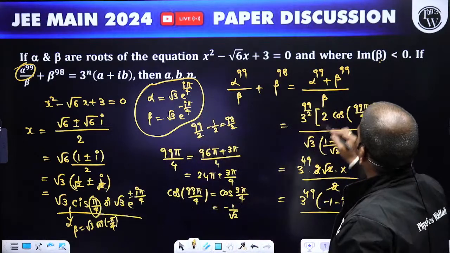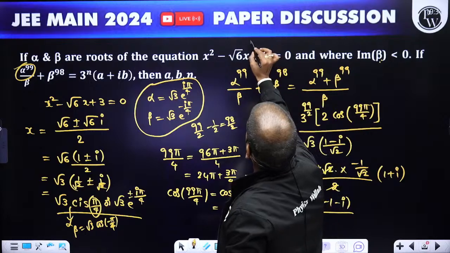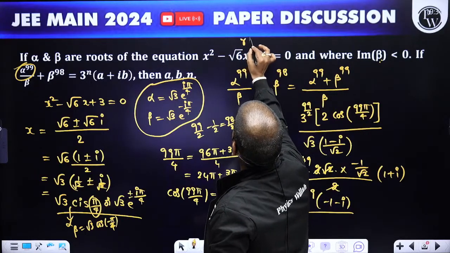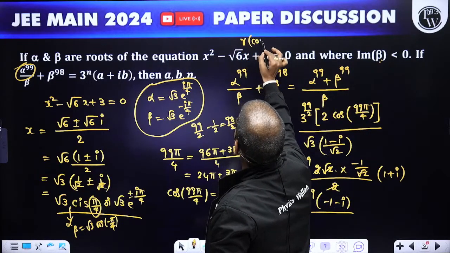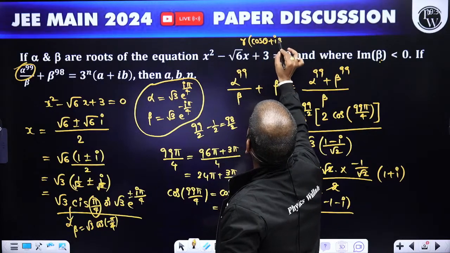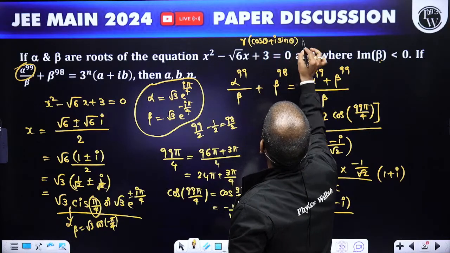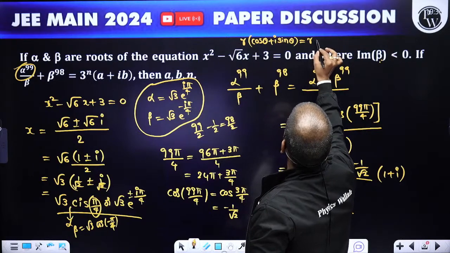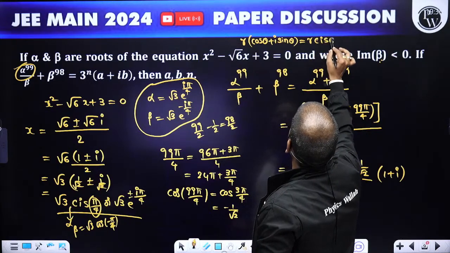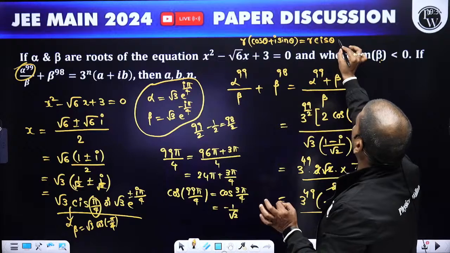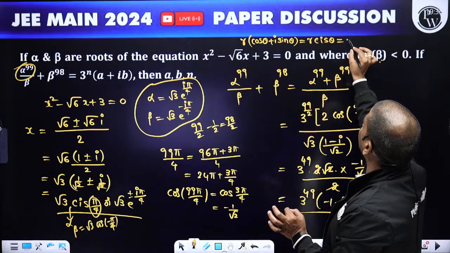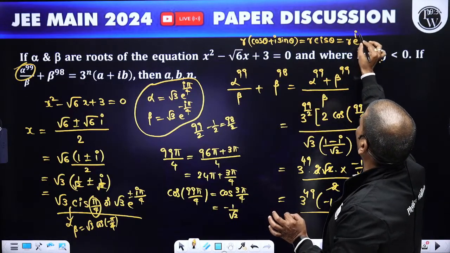Euler form is nothing but this one. So actually what we will write, see, r times cos theta plus i sin theta, right? So this is expressed as r times cis theta, that is what I have applied. We can also write cis theta as r times e power i theta.